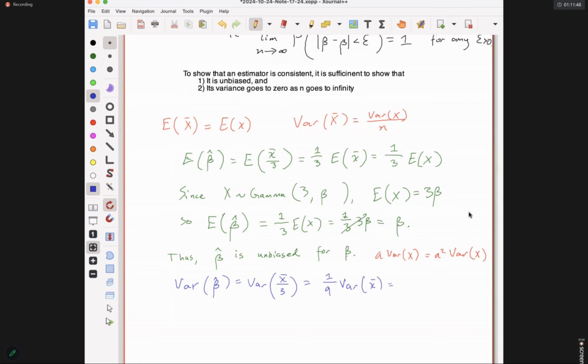And how can I express the variance of x bar? No, because I just applied that. That's how I got the 1/9 variance of x bar.